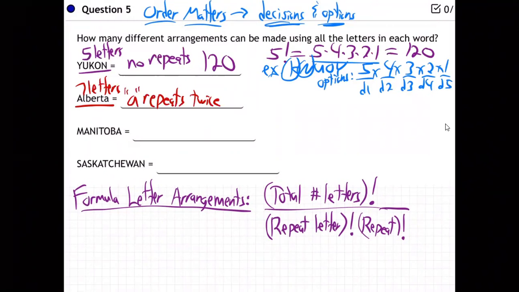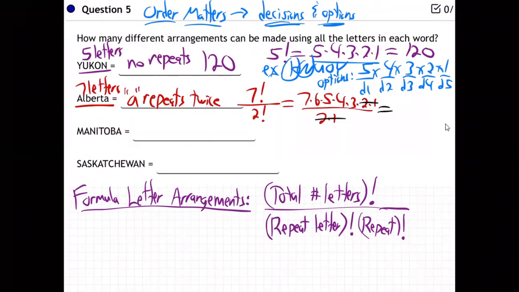So what does that mean? According to the formula, you put the total on the top, 7 factorial, 7 letters total, over the repeats. So we have just 2 factorial on the bottom, 1 repeat. So what's that going to be? 7, 6, 5, 4, 3, 2, 1 over 2, 1. The easy way to do this problem is just to cancel 2, 1 and 2, 1.